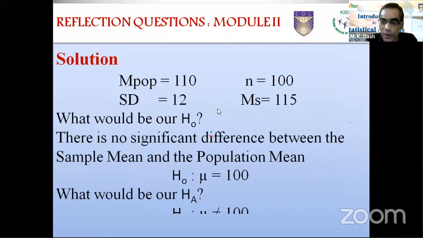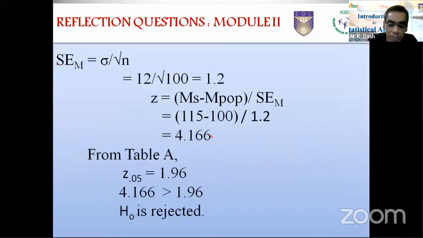There is no significant difference? Yes, there is a difference. We understand there is a difference of 5 points, 110 and 115, but whether the difference is significant or not is the question. So the null hypothesis states that the sample mean is equal to the population mean, meaning there is no significant difference between the two. What is the alternate hypothesis? They are not equal. The sample mean is not equal to the population mean.